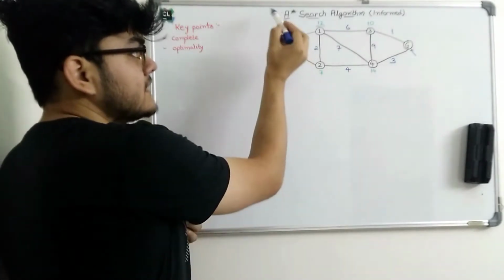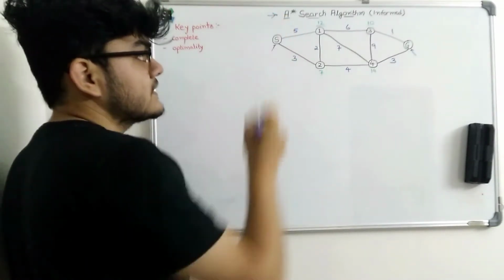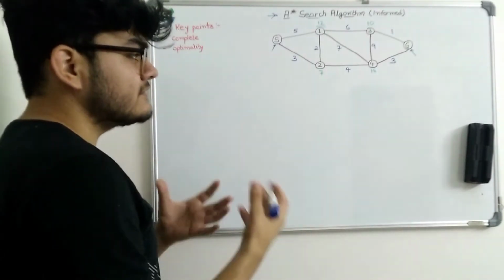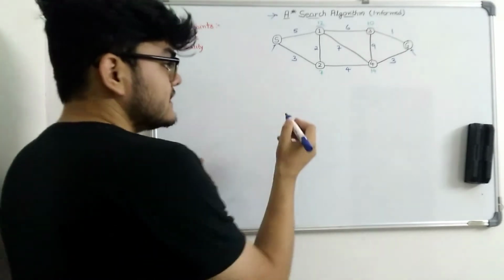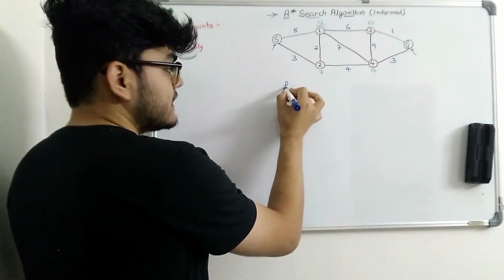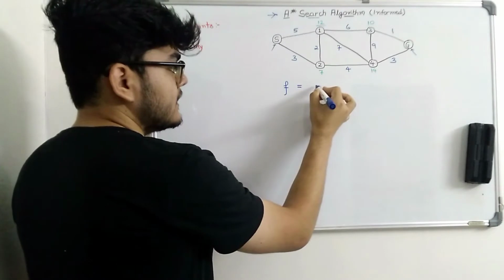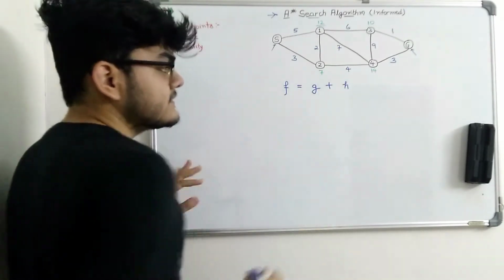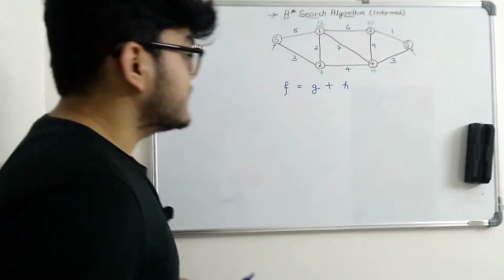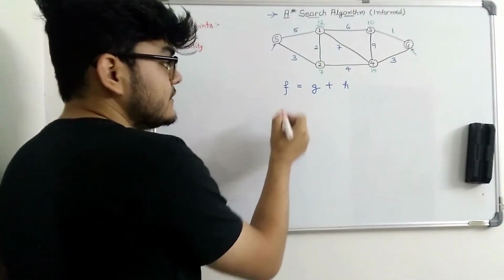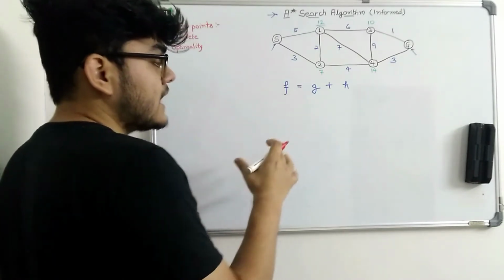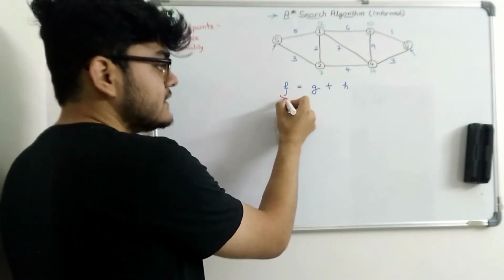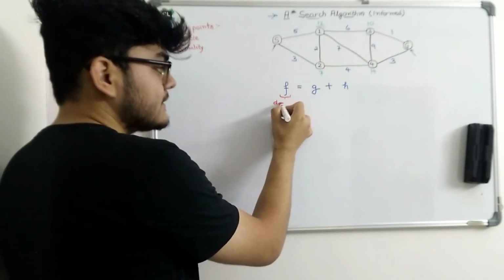Alright, so now let's understand what the A-star search algorithm is. The A-star search algorithm revolves around a very simple formula, which is F = G + H. F is the value that we are going to use for understanding which is the best node to pick up.